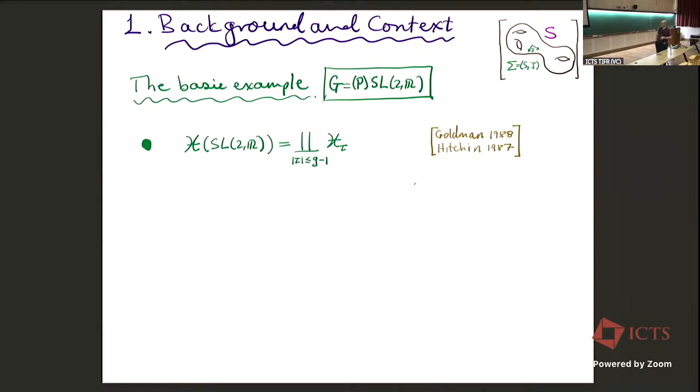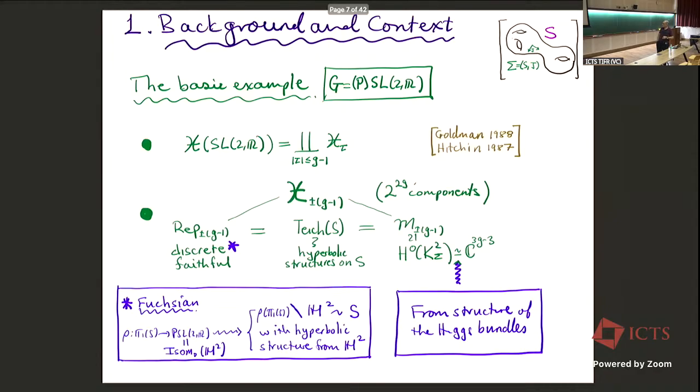But the thing that I want to highlight for the purpose of this talk is that among these components, there are some special ones. These are the components where the integer that's labeling them is maximal.